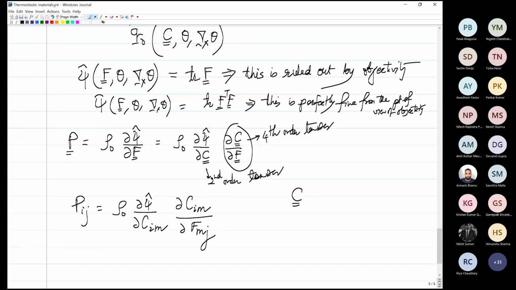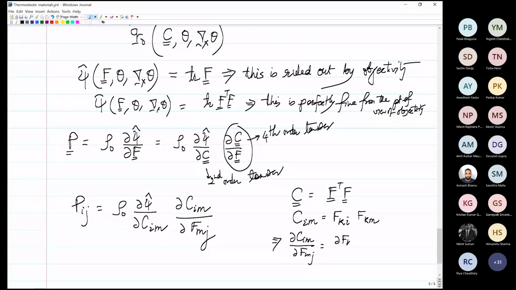Now C, we know it is F transpose F. So what is Cim then? So Cim will be Fki into Fkm, isn't it? So what is then del Cim over del Fmj?